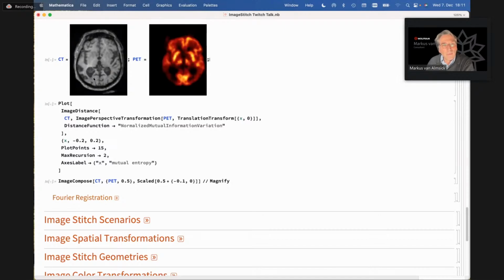However, you can come up with image distances that are independent of correlation, that just look, for example, at the mutual information. So if you look at the mutual entropy as a distance measure between those two images, you can still do a dense registration by basically putting this image on top of this one and just moving it around.